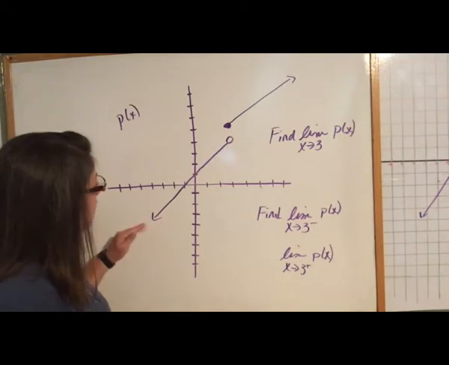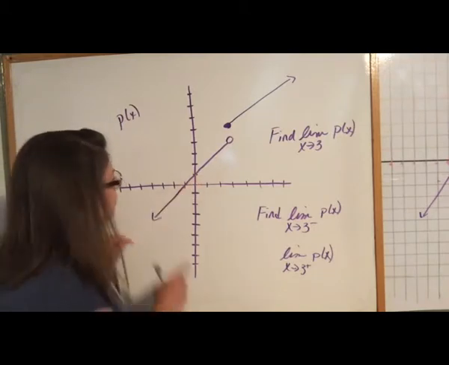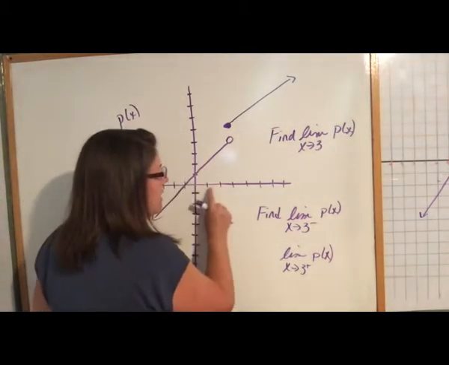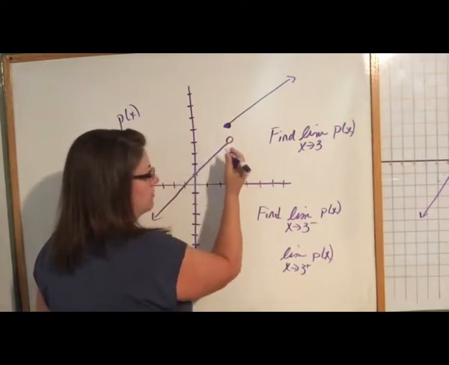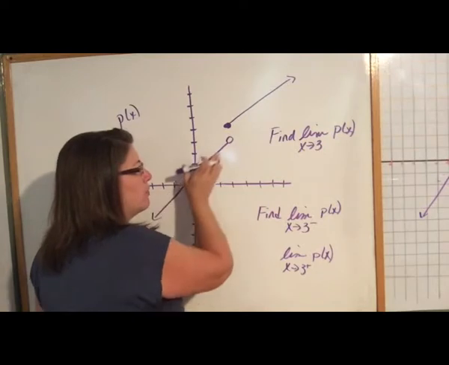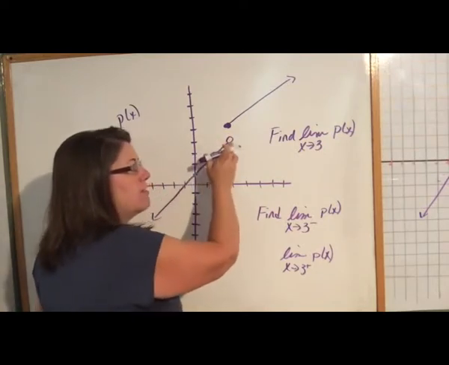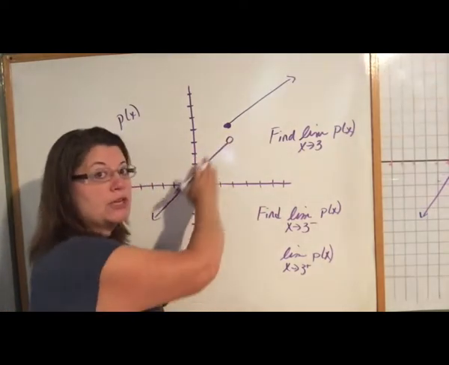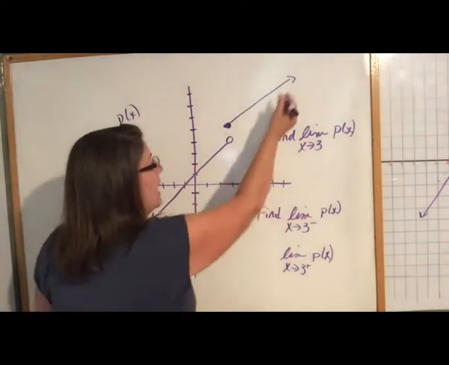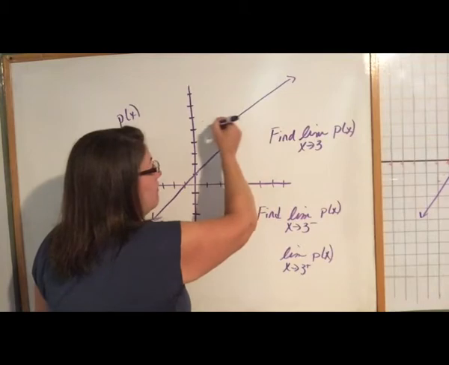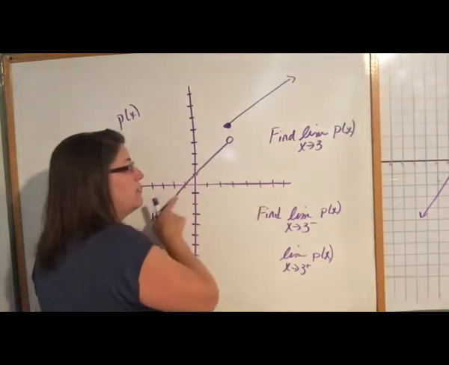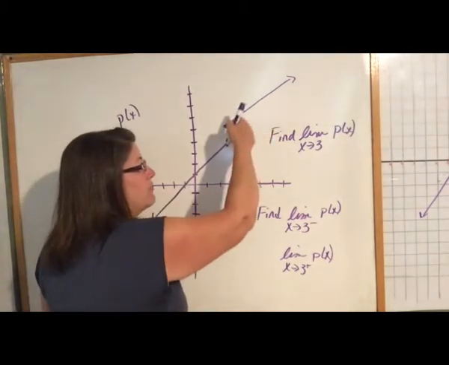Well, as we look from the left, it looks like from the left at x equals 3, y is approaching 4. Okay, so from the left, y is approaching 4. Doesn't matter that that's an open circle there. It's still approaching 4. And then from the right, as x approaches 3, it looks like that's approaching 5. So from the left, it's approaching 4. From the right, it's approaching 5.